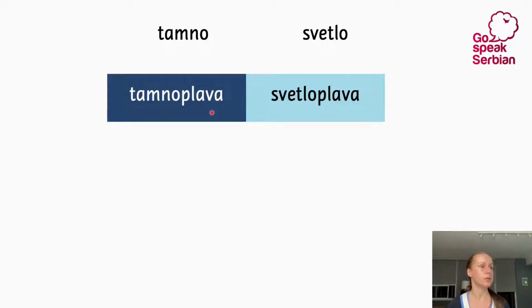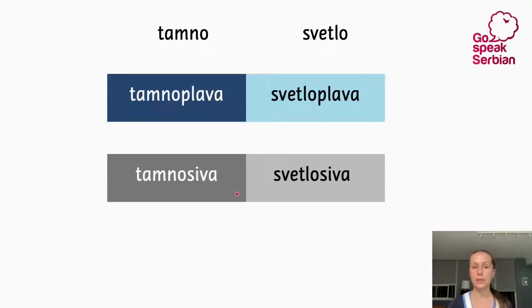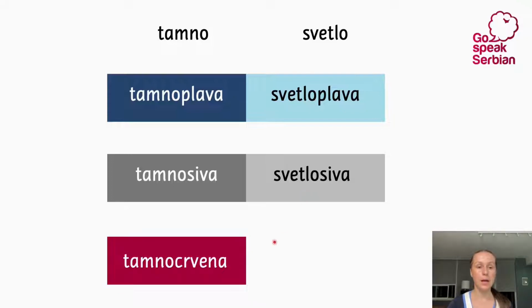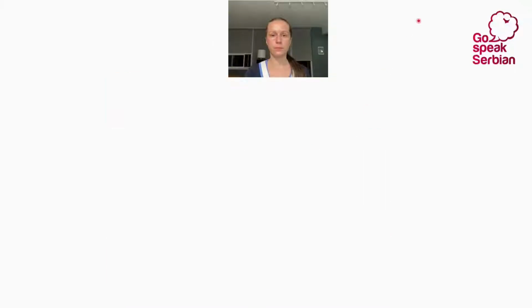Or with a neuter noun, tamno plavo pismo, dark blue letter. Tamno siva boja i svetlo siva boja. Tamno crvena boja, svetlo crvena boja.